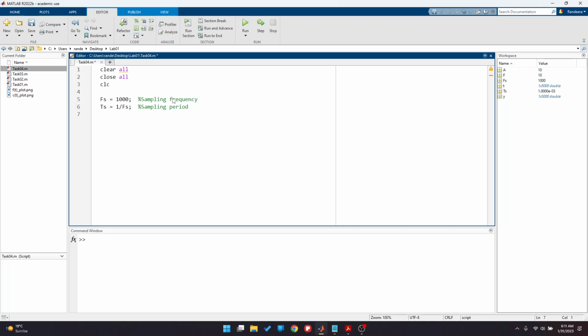After defining the sampling period, we can define the time duration of the signal, where our starting time is 0, then the step is the sampling period ts, and the finishing time is 5 minus the sampling period. So I will call this t, 0 to ts to 5 minus ts.